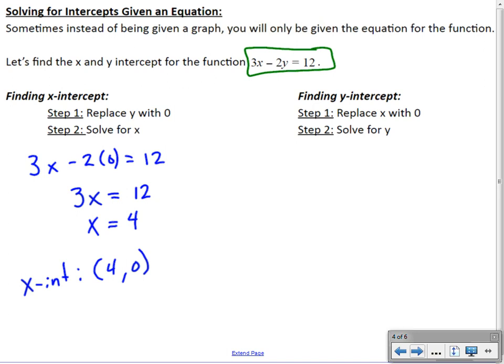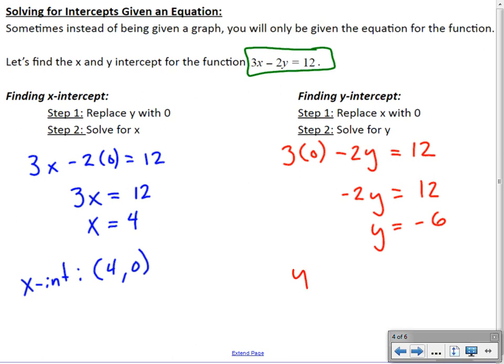So we take our same equation, but this time we plug in 0 for x. So 3 times 0 minus 2y equals 12. And again, 3 times 0 is 0, so our equation turns into this. We divide by -2, and we get y equals -6. So again, we can say the y-intercept is at the point 0, -6.